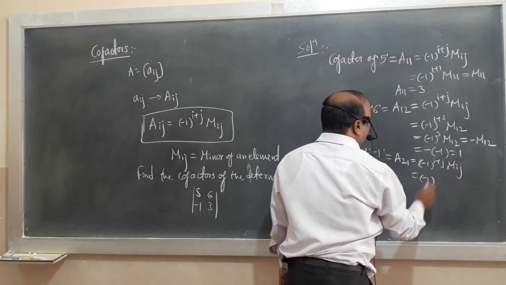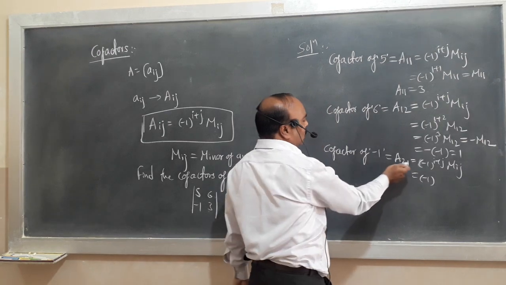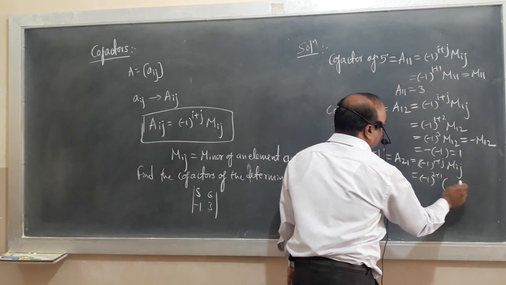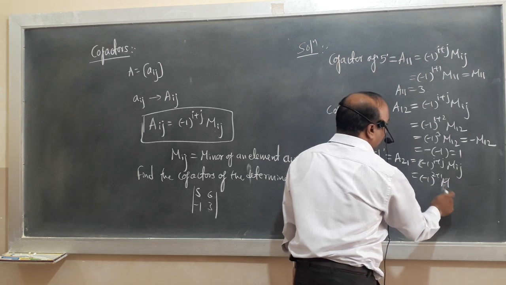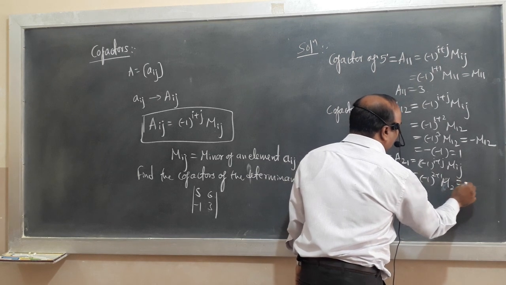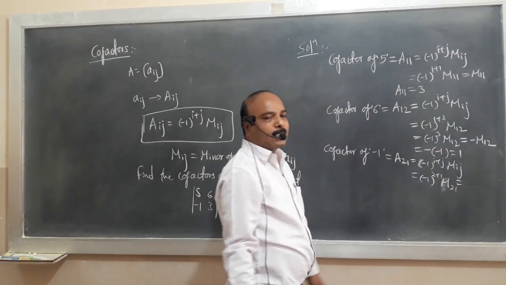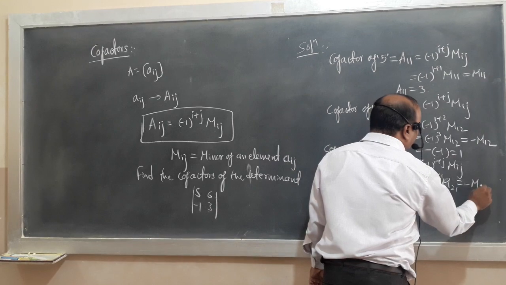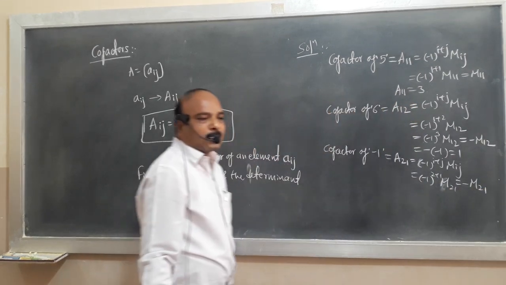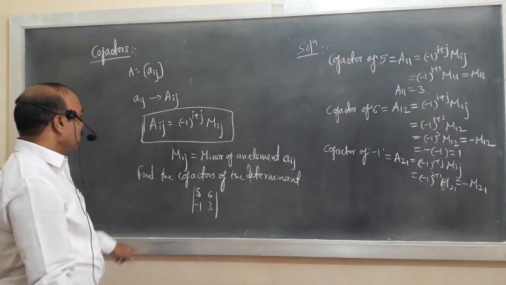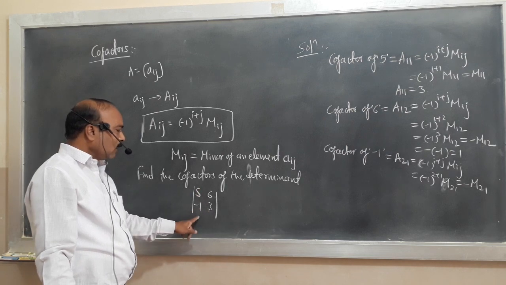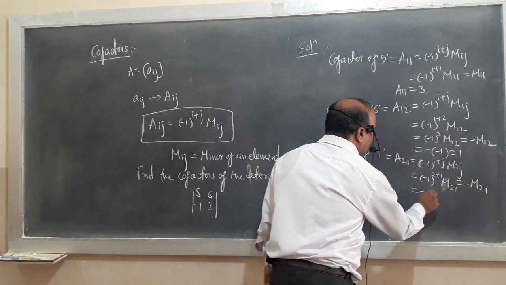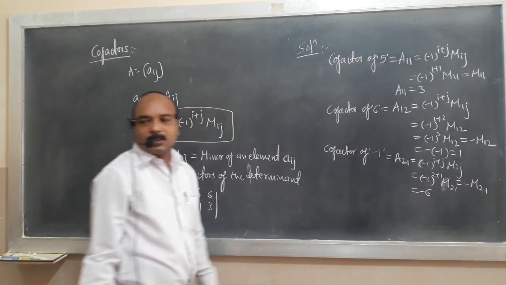Here i is 2 and j is 1, so minus 1 power 2 plus 1 into M21. Minus 1 power 3 is minus 1, so it is minus M21. M21 is obtained by deleting this row and this column, and we get 6. So minus of M21 means minus 6.